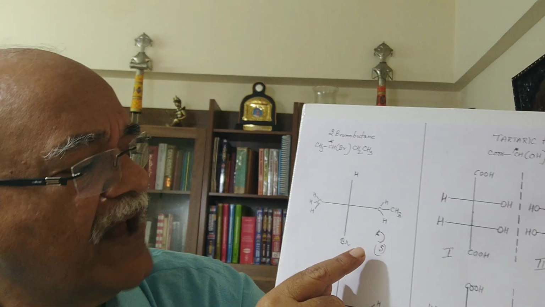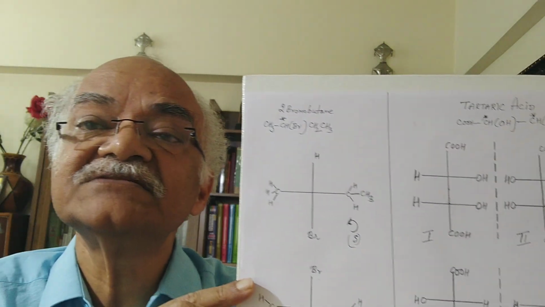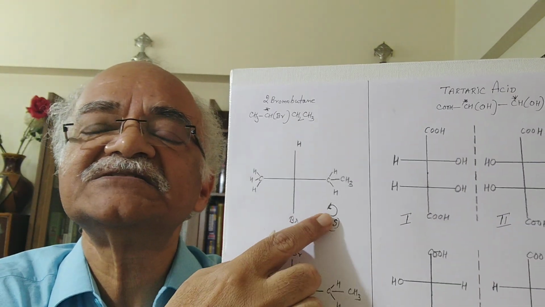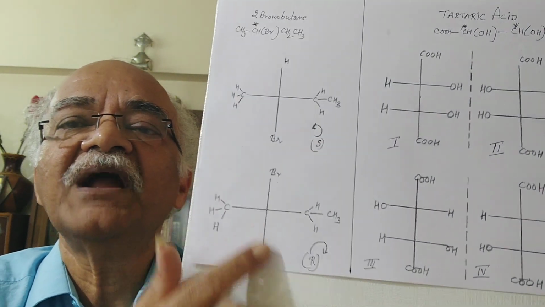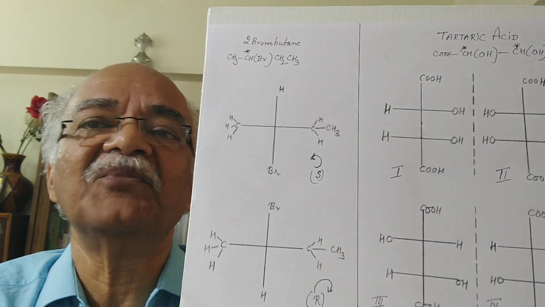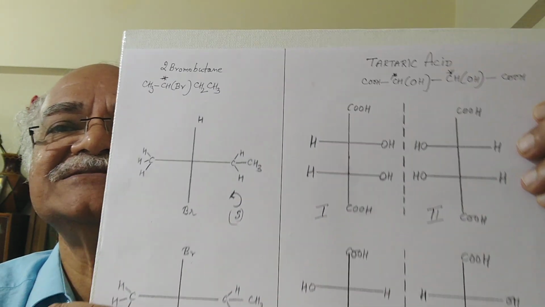So this molecule, I am moving from bromine in this direction, anti-clockwise, hydrogen away from us, this is the S molecule. So with only one interchange, bromine up, that must be the R molecule. Either way you can name it. Hope I am clear at this stage. Next, till this point, we have taken those cases where you have only one chiral center.